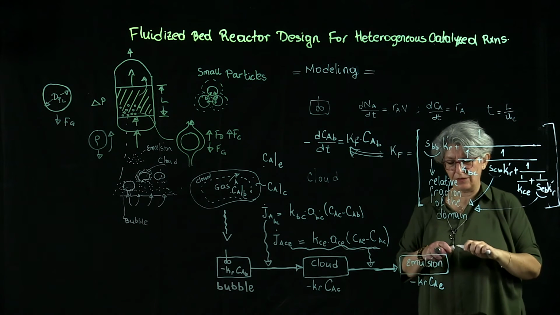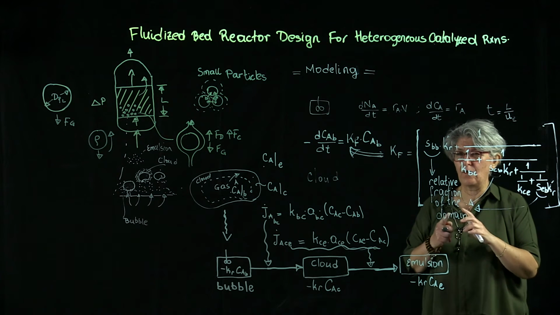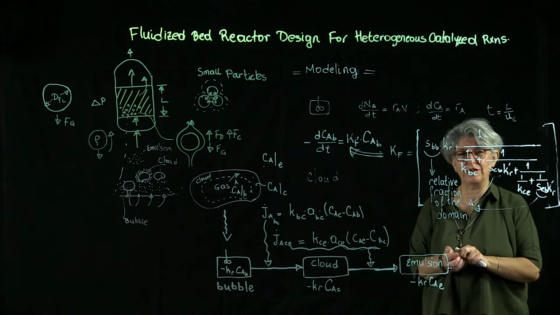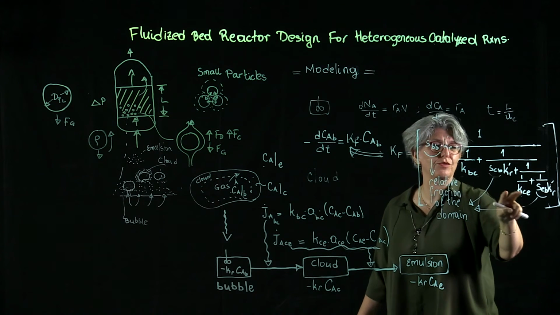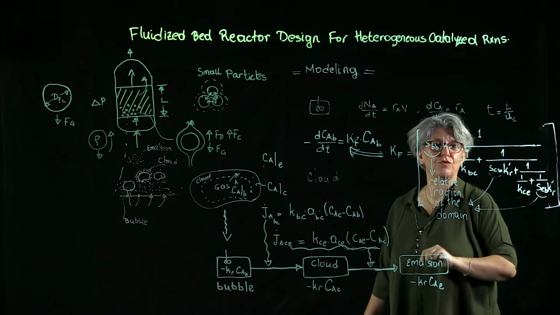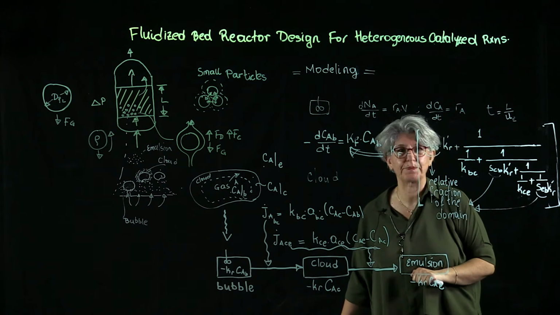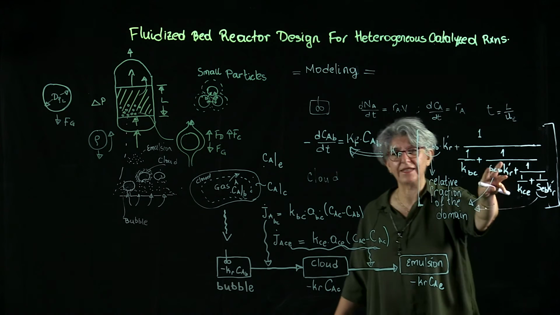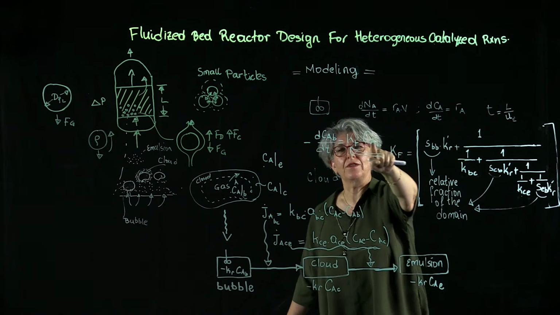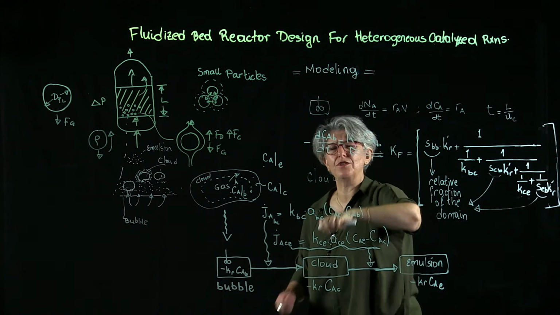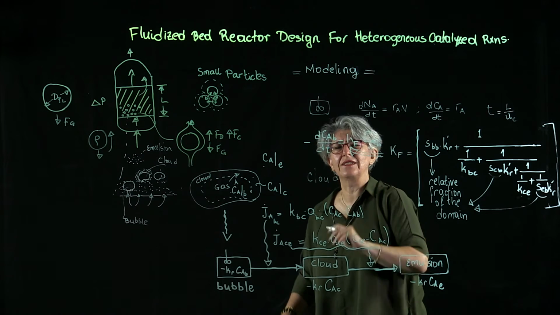So this is going to take the volume parameter into consideration, and here we have the transport terms, mass transfer terms between bubble and cloud, between cloud and the emulsion. At the end, we have a lumped parameter for the mass transfer and the reaction.